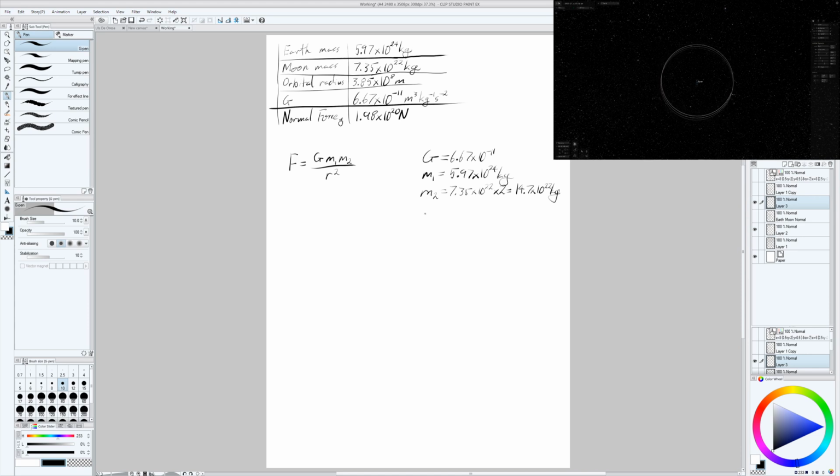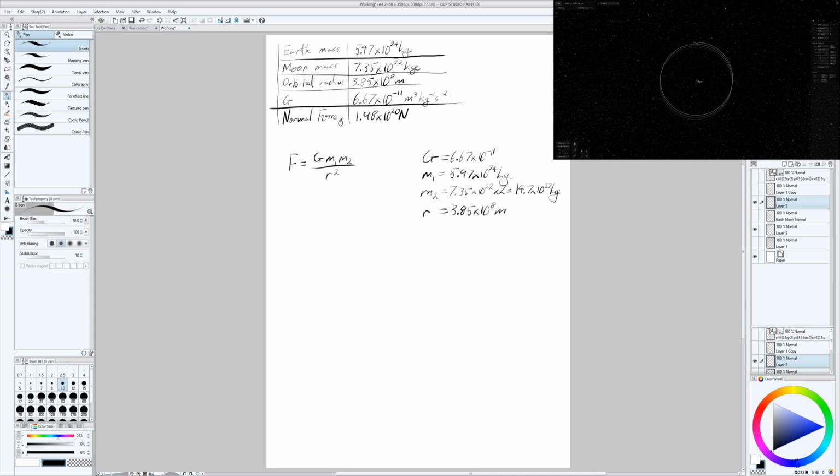Then we have the radius, which stayed the same. We just want radius by itself. The radius, which is 3.85 times 10 to the 8 meters.